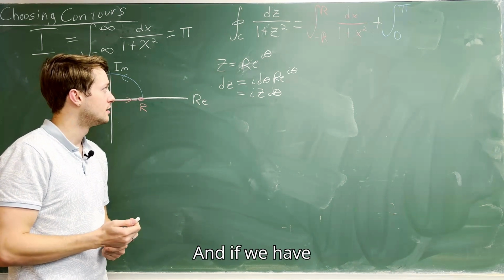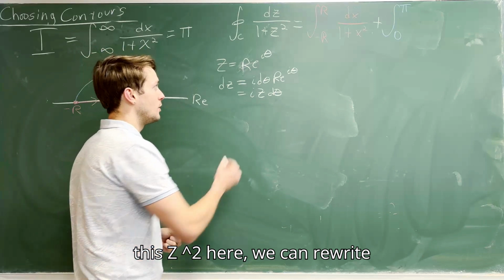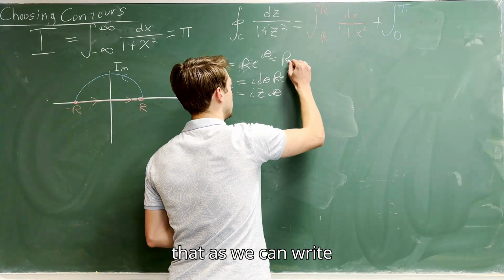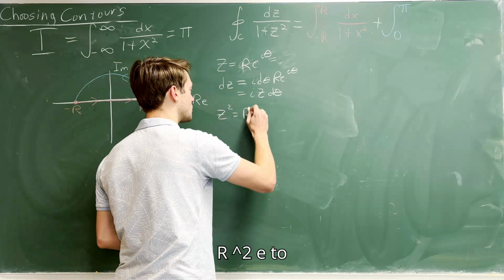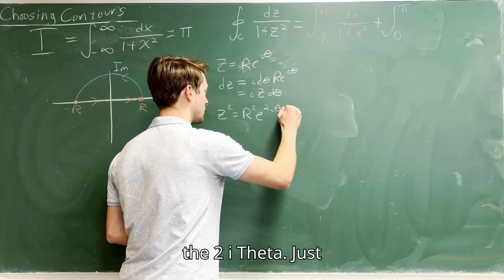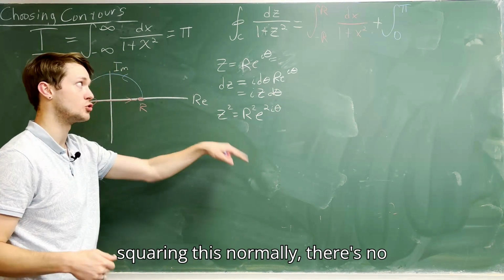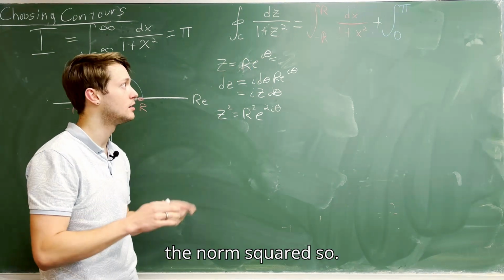And if we have this z squared here, we can write z squared as r squared e to the 2i theta. Just squaring this normally, there's no absolute value, so we're not taking the norm squared.